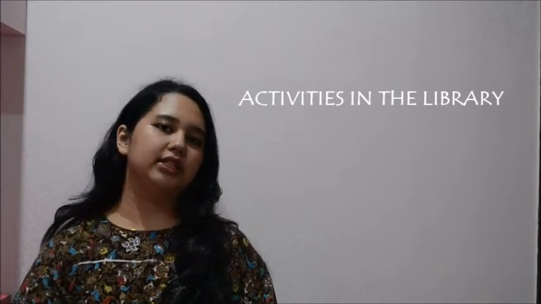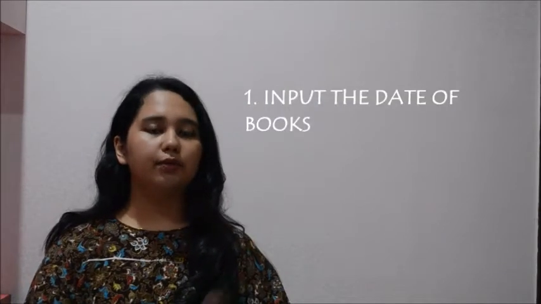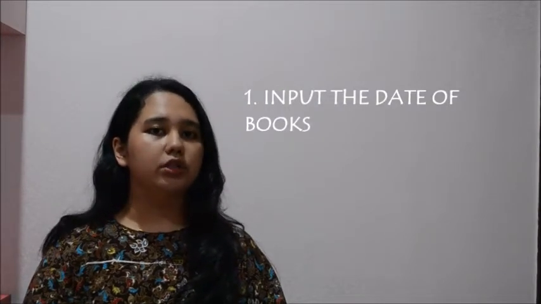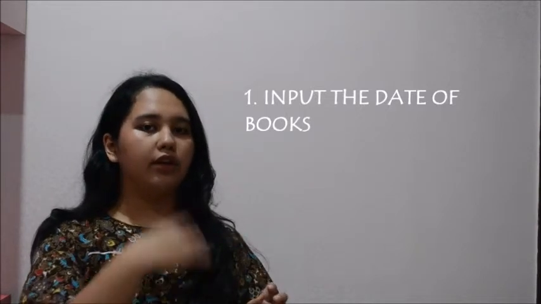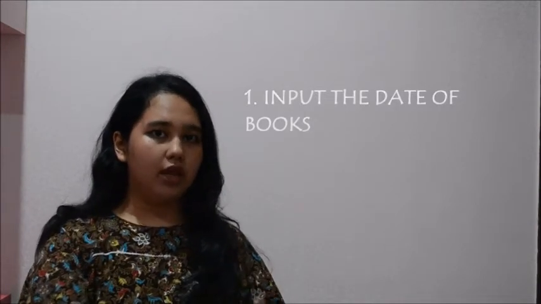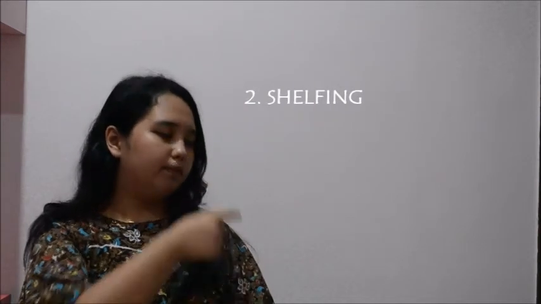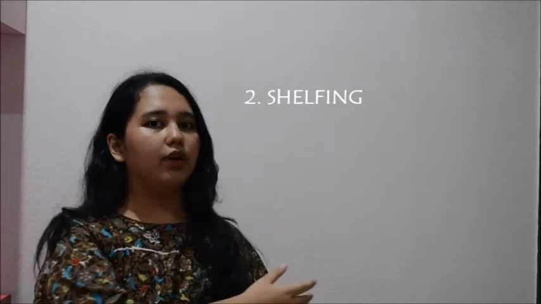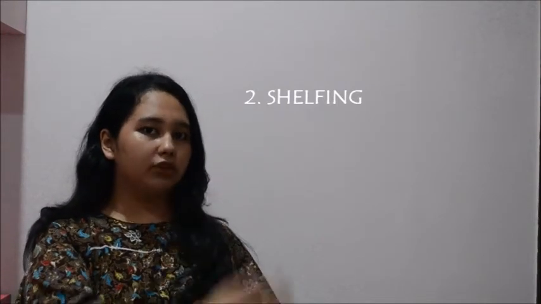Before going to the database, I will explain the main activities inside the library. The first is inputting the data of the book, which means that the officers or staff will input the details of the books. The second is shelving, which means that the staff will put the book inside the shelf based on the book number or book type.